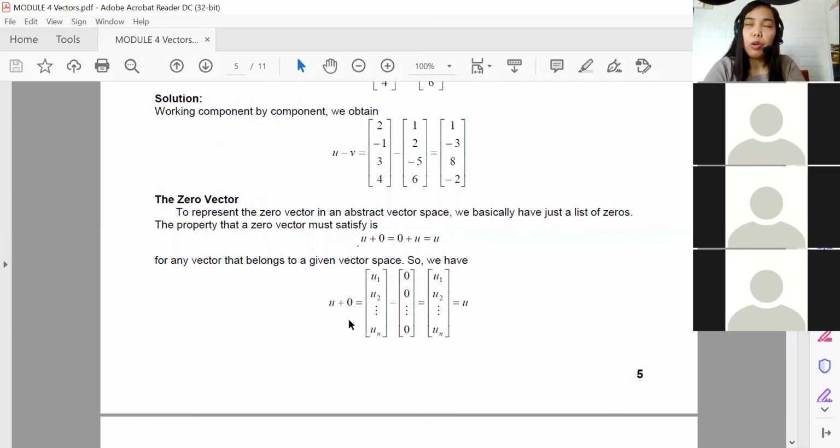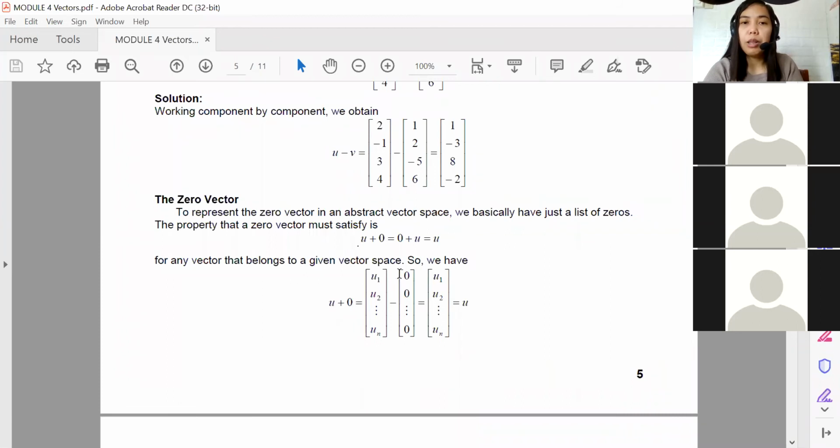Okay? Any vector, when we add the zero vector, the answer is the vector itself. For any vector that belongs to a given vector space, we have vector u plus the zero vector, and the answer is the given vector.